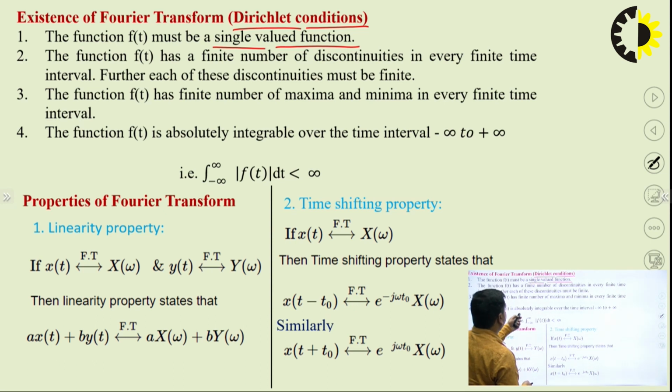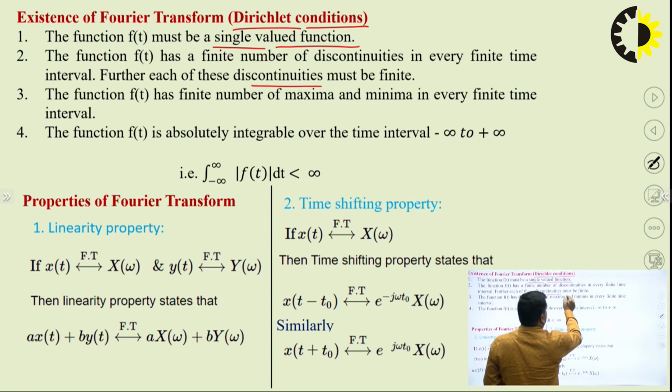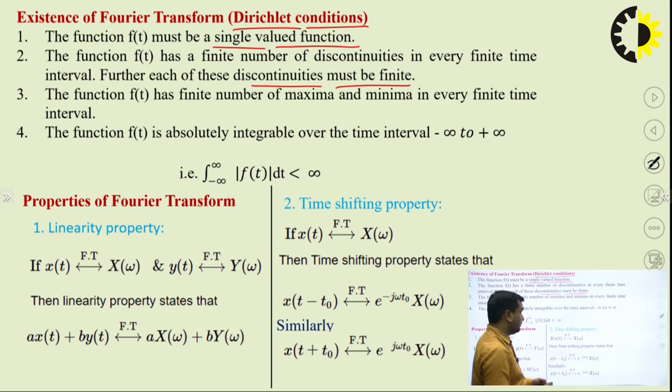And the function has a finite number of discontinuities in every finite time interval. It is not required that the function must be discontinuous, no. If it has discontinuities, then the number of discontinuities must be finite over a finite interval of time. Further, each of these discontinuities must have a finite value.